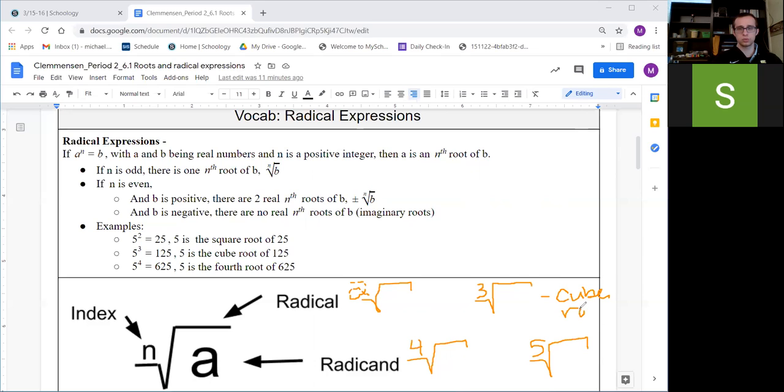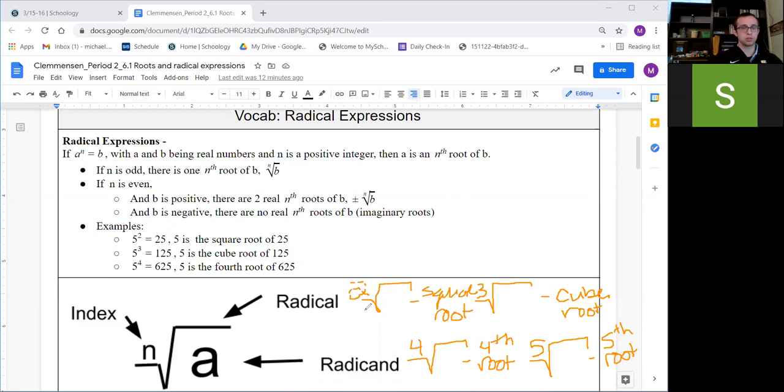Cube root, fourth root, and then square root. Square root is not easy to do with your mouse. And then fifth root. So that's how we write those out. That's what they mean. There's that invisible 2. Don't forget about that with our square roots.